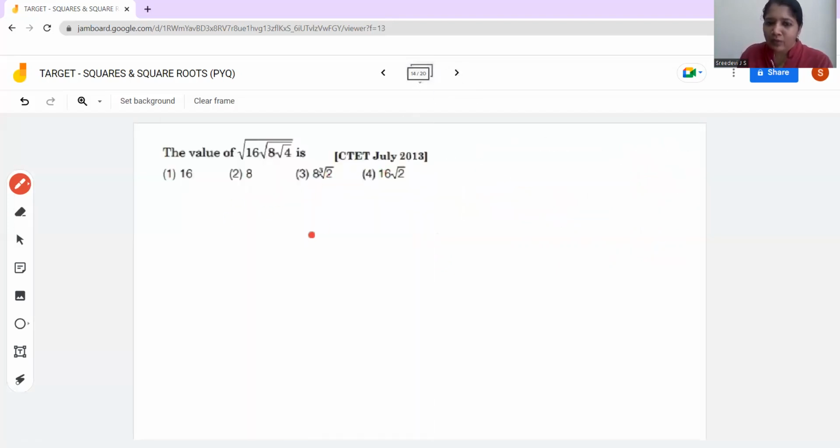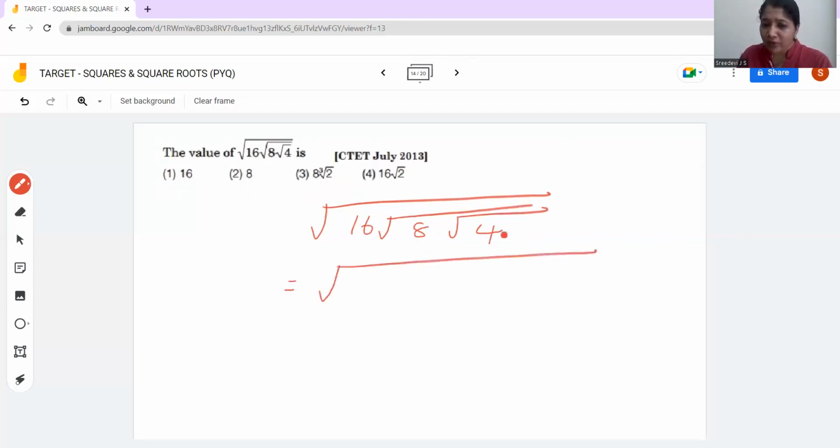Next, the value of square root of 16 under root of 8 under root 4. So here how to find out? It's very easy. Under root we have to solve from the right towards the left. We know that the square root of 4 is 2, so we can replace that.